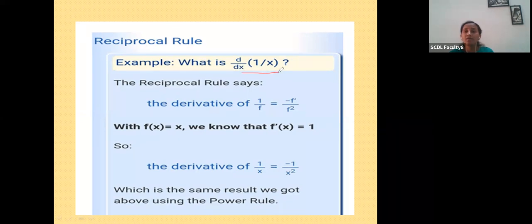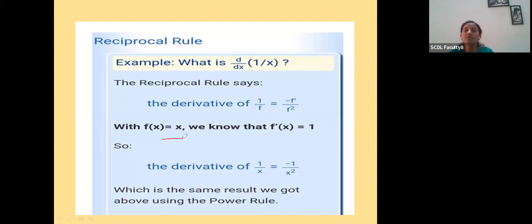The reciprocal rule says that the derivative of 1 upon f is equal to minus f dash upon f square. Because of this I told you, please learn the formulas properly, then only you can solve these derivatives.